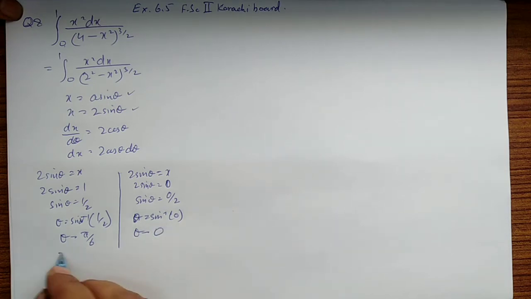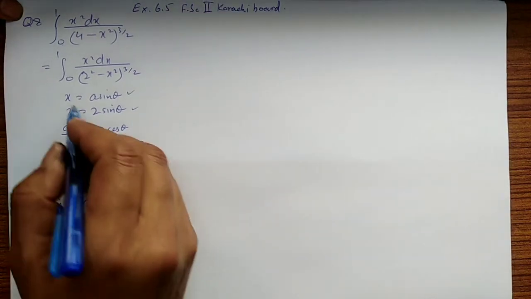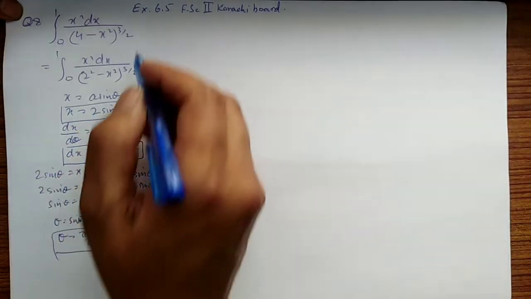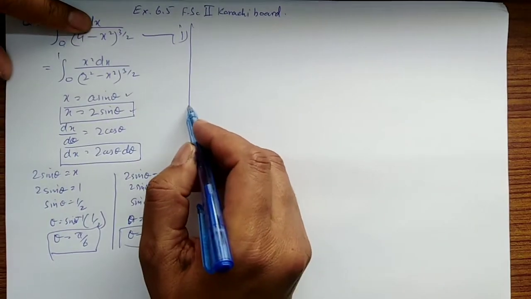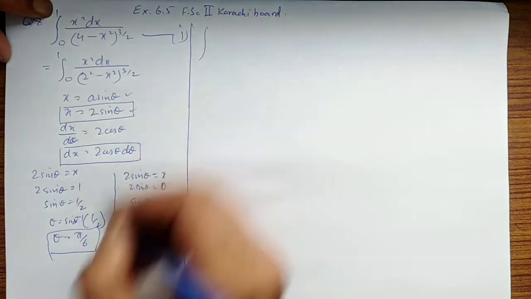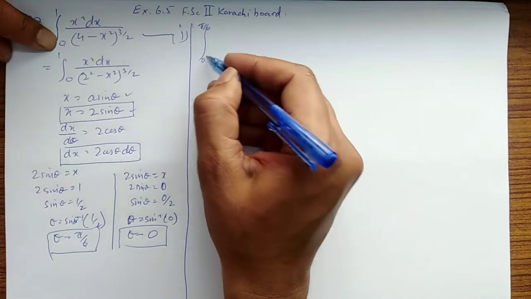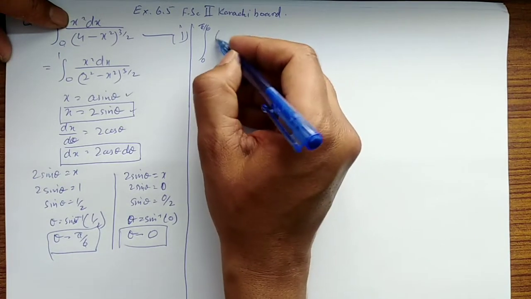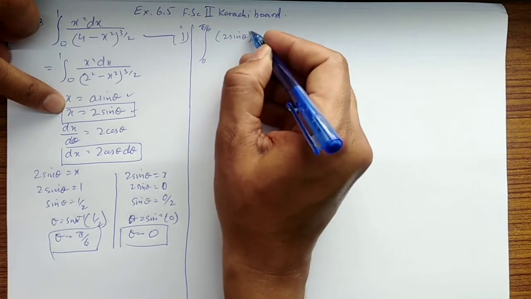Now putting all these values into the original question, we get a form like this: in place of 1 we have pi upon 6, in place of 0 we have 0, in place of x square, what is x? 2 sine theta whole square.